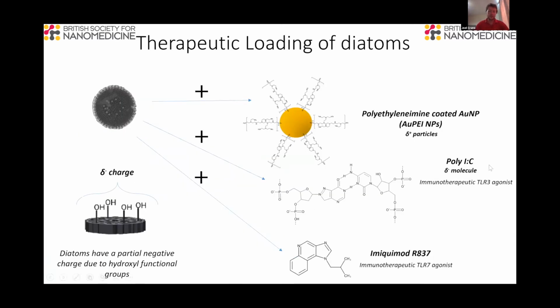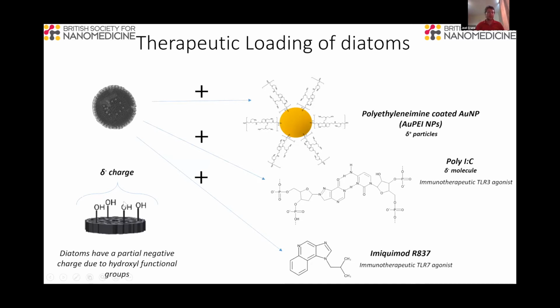So in terms of loading different therapeutics onto the diatoms, because of the way we've treated the diatoms to purify the biosilica structures, it involved a wash with hydrogen peroxide, and this activated some hydroxyl functional groups on the surface of the diatom.